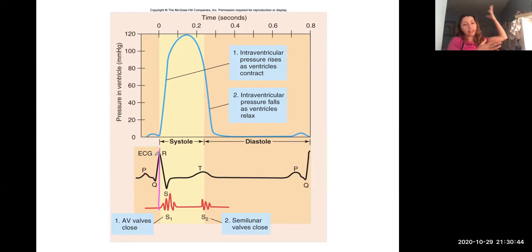But right before that, the AV valve slams shut, so there's a first heart sound right here. And at the T wave, once the cells repolarize, the ventricles start to relax. Via relaxing, pressure goes below aortic pressure, and the semilunar valve slams shut, and this causes the second sound.